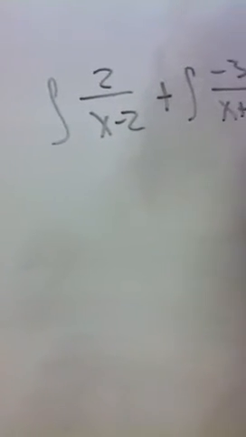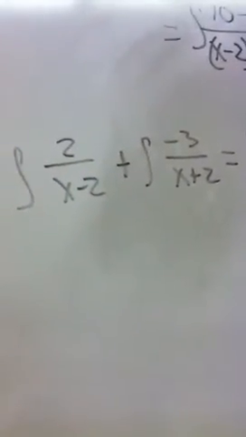You have the integral of 2 over x minus 2, plus the integral of -3 over x plus 2, and that's going to equal the integral of 10 minus x over x minus 2 times x plus 2, which is what we're trying to figure out.